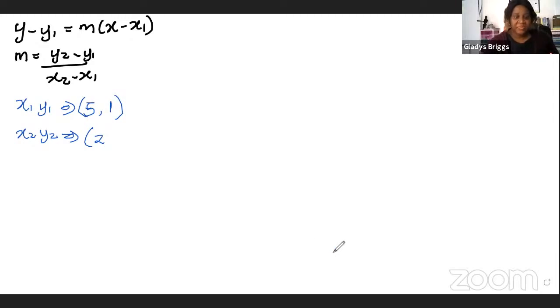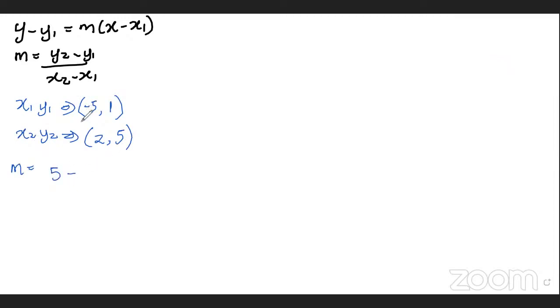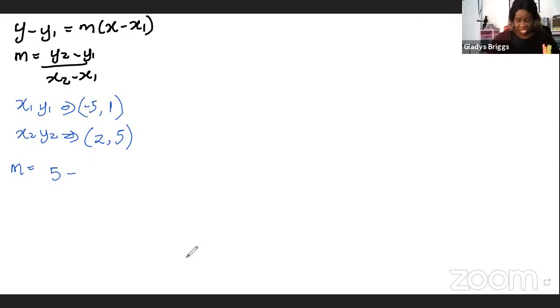It was -5, yeah. This is -5 and this is 5, yeah, now it's right. Okay, so m would then be equal to, using this formula, y2 is 5 minus. It's not the same. Is it different? Question 3?